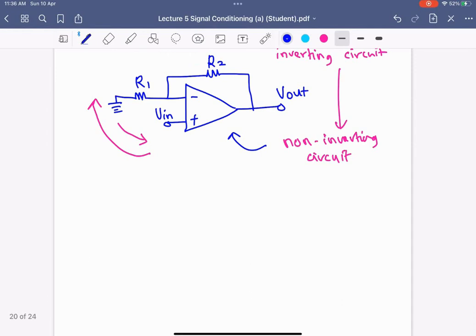Next, what will be the formula? The formula is V out is equal to 1 plus R2 over R1, times V in.